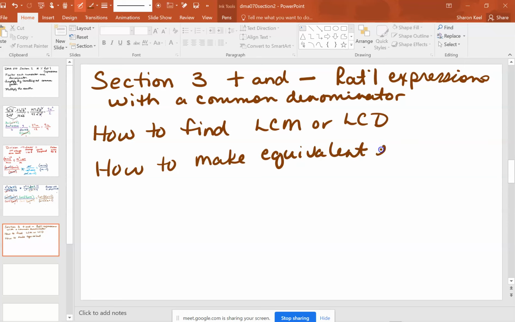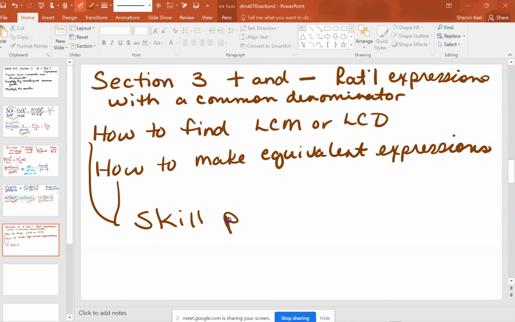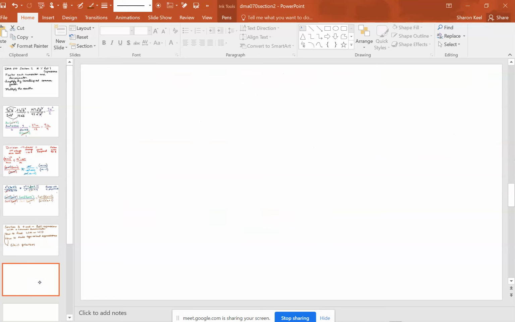The skill practices that you're going to be doing are going to be preparing us for section 4. So these two are going to be skill practices. They're not hard to do. It's just doing things for practice sake, like shooting free throws from the 3-point line. Just practice, practice, practice, okay?